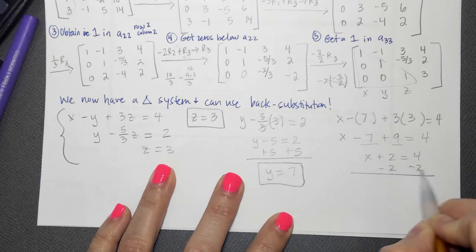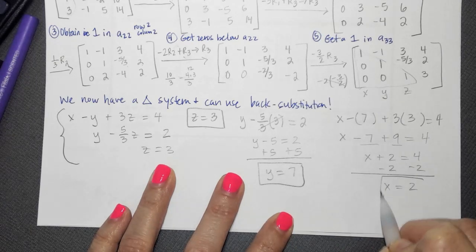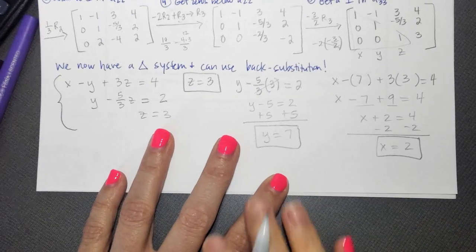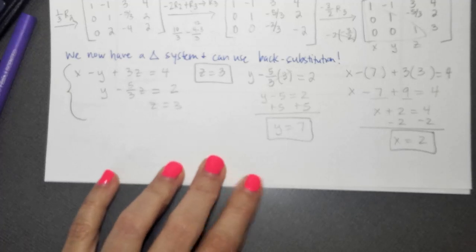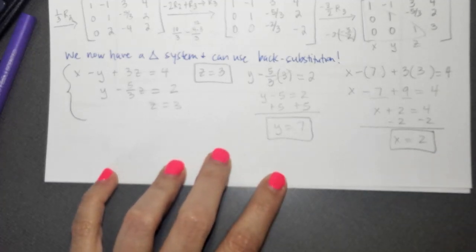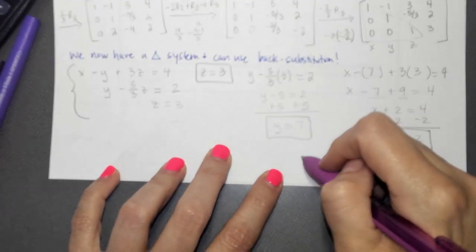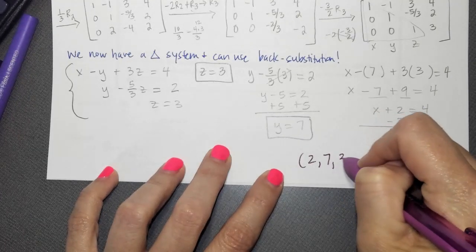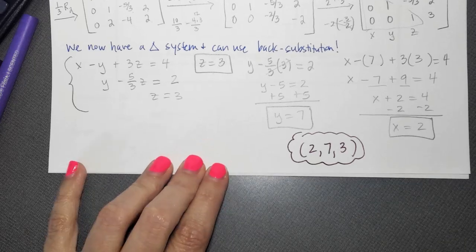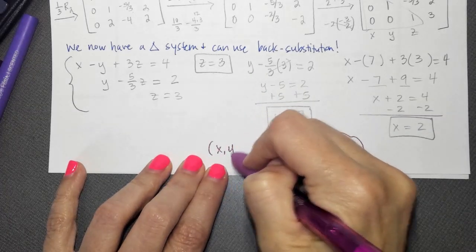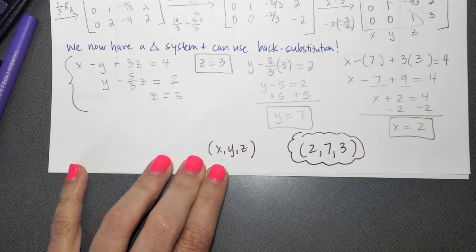So I can subtract 2 from both sides. And then your final answer is going to be a point with 3 coordinates. So it's 2, 7, 3. This is your final answer. So your answer for this is going to be x, y, z.